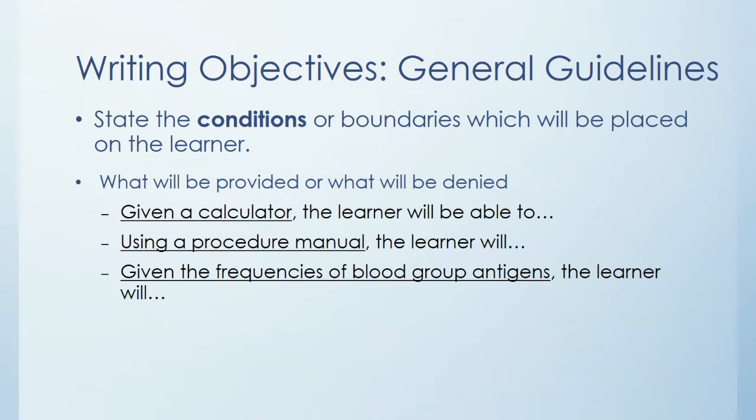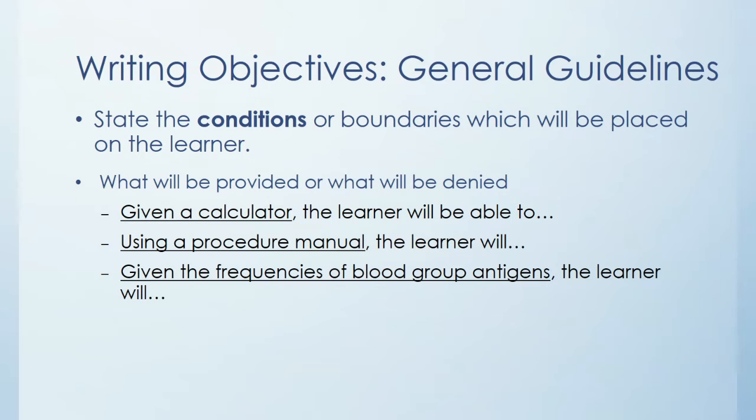And then the next guideline is that there need to be conditions or boundaries placed on the learner. This is helpful especially for the learner, knowing what they're going to have access to or not have access to. So this would be like, given a procedure manual, the learner will be able to do such and such. Or given a calculator, the learner will be able to.